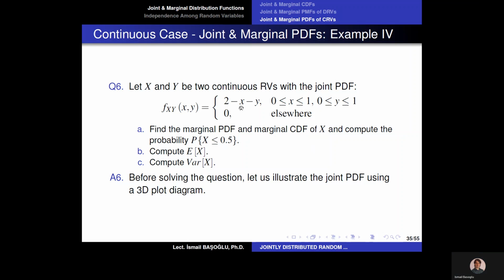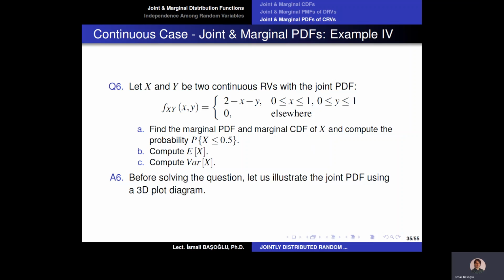Both variables are subtracted from 2 in the probability density function, and the set of possible values they can take is not dependent on each other's values. So the contribution of both variables is the same in this function.